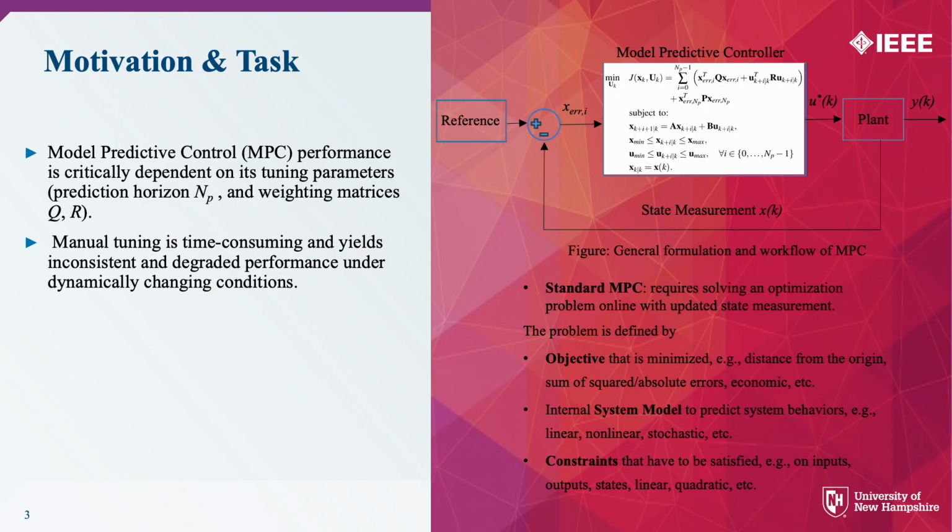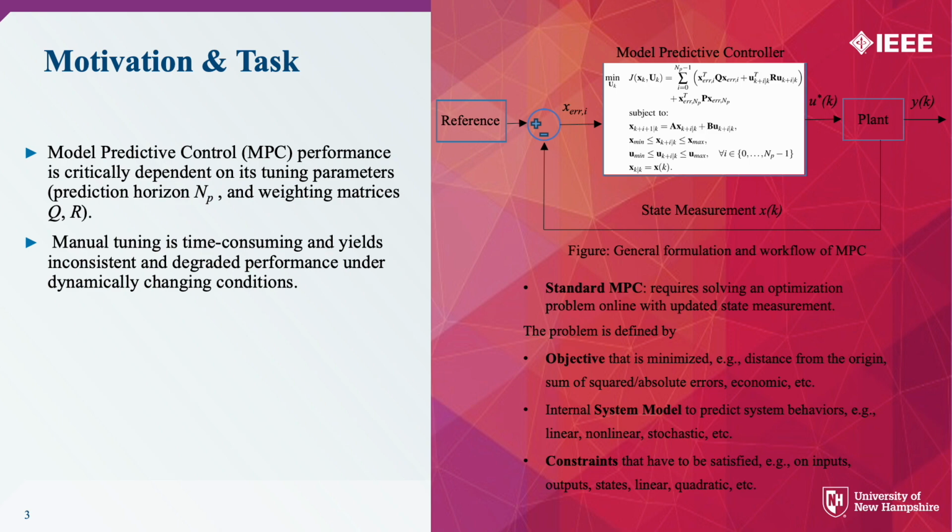So here is our motivation and task. While MPC is powerful, its practical performance highly depends on the accurate tuning of its parameters, specifically the prediction horizon NP and the cost function weighting matrices Q and R. Currently, users usually rely on manual trial and error tuning.